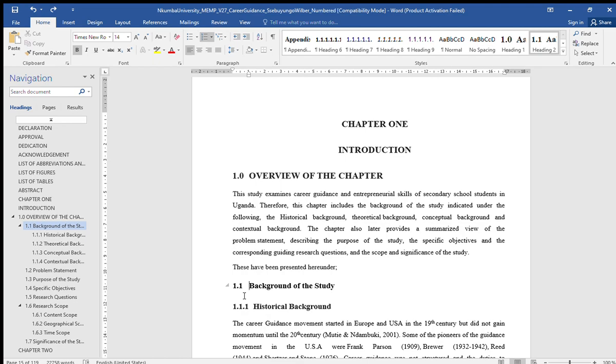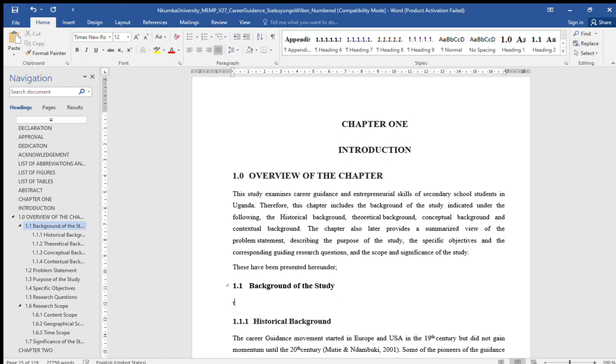Now, in research by standards of Nkumba University, this is the flow of chapter 1. Now, background of the study is broken down into 4 perspectives. Actually, under there, I can write a statement.